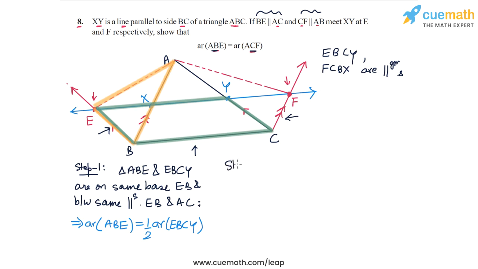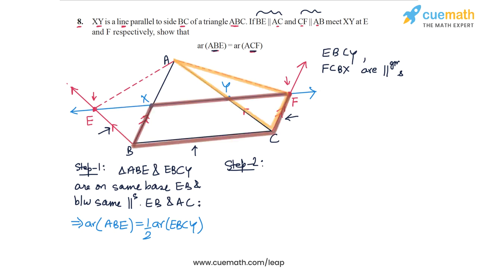Now in step 2, we said that we will compare the area of triangle ACF and of the parallelogram FCBX, and once again we can see that the area of the triangle is half of the area of the parallelogram because triangle ACF and the parallelogram FCBX, they are on the same base.